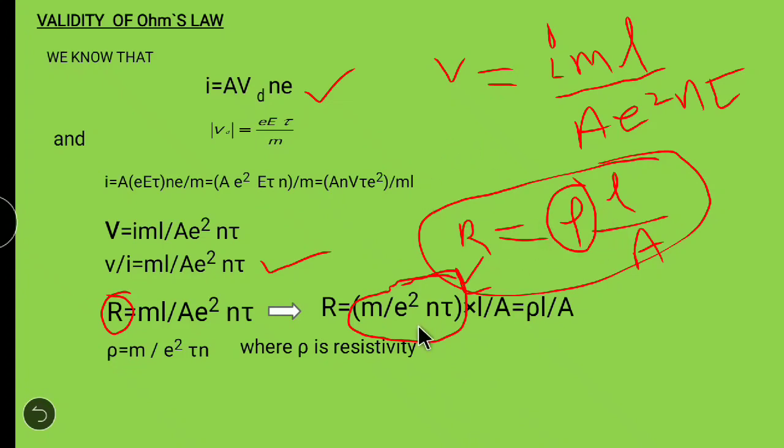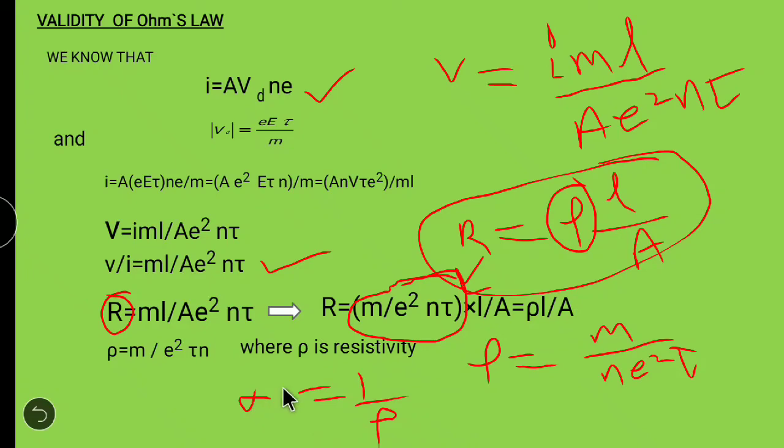So this value is what? This is the resistivity. Rho is equal to m upon n e square tau. This is the resistivity, and do the reciprocal of this quantity, you will get sigma. Sigma is equal to 1 upon rho. Put the value of rho over here, you will get sigma that we have found out earlier.